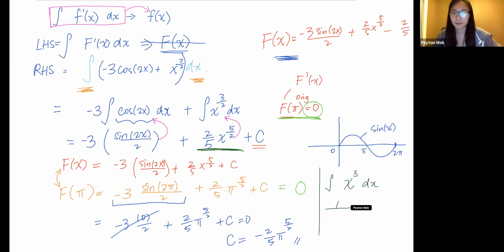You use 1 divided by 3, which is the power, plus 1, and then x to the power 3 plus 1, right? So same thing here. What I'm doing here is that I have 1 divided by 3/2 plus 1, and then x to the power 3/2 plus 1. I just simplify the entire fraction here. Does that make sense?